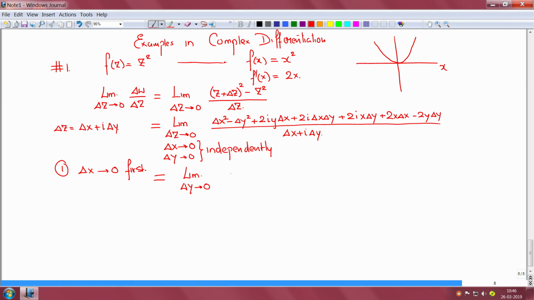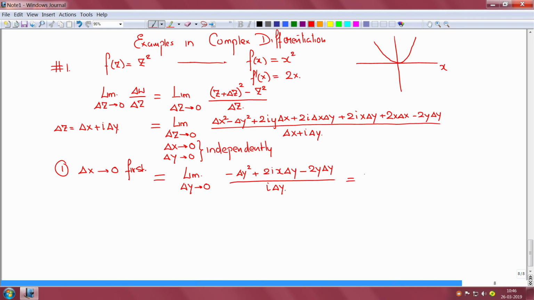I will have minus delta y squared plus twice I x delta y minus twice y delta y divided by I delta y. Now, there is delta y in the numerator and denominator, so I can do some cancellations.